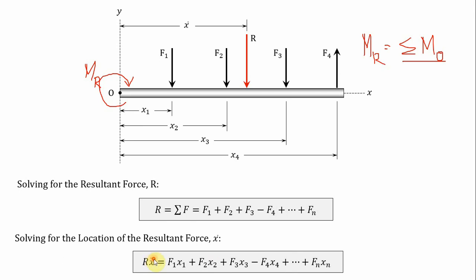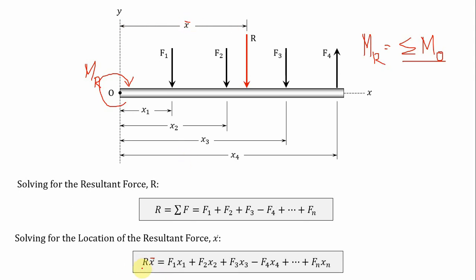Our resultant moment is equal to R times x. This is our resultant force and its moment arm. The moment arm, class, is this one, bar x.